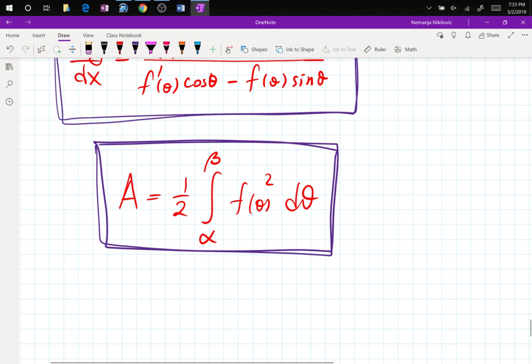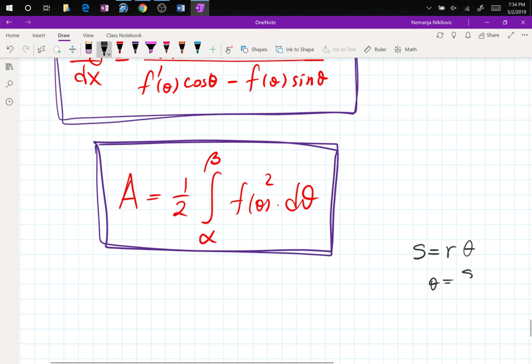Area is two-dimensional. I already have 2 dimensions here, times d theta. Theta is not a dimension, because theta is in radians, and radians is actually the unitless unit. It's not a length. If you know the arc length formula, S is r times theta.